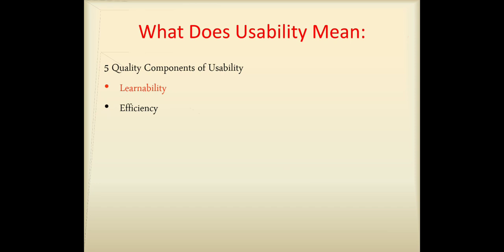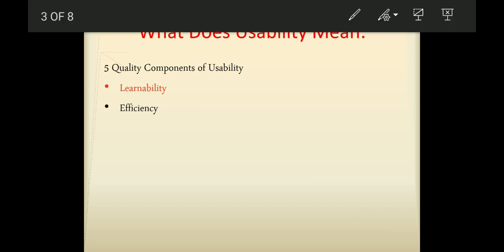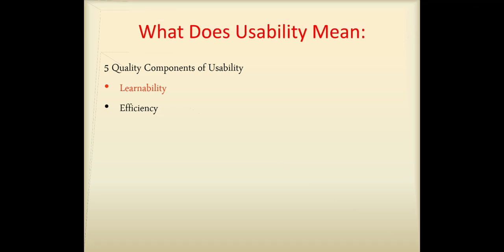Similarly, efficiency describes that once the users have learned the design, how quickly can they perform the task using the system. Similarly, memorability stands for when the users return to the design after a long period of not using it, how easily can they re-establish proficiency with it.